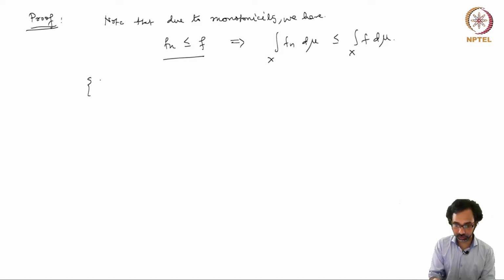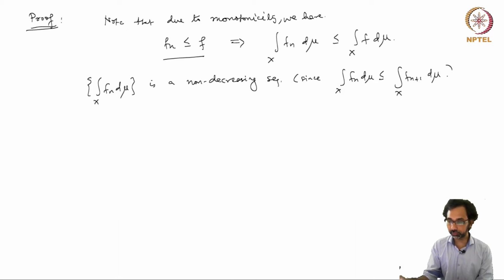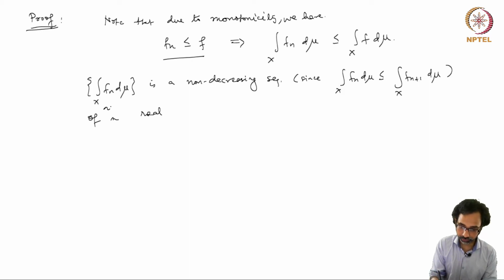Now this sequence of integrals Fn d mu is a non-decreasing sequence, since we also have that integral Fn d mu is less than or equal to integral Fn plus 1 d mu. So it is a sequence of non-negative real numbers.